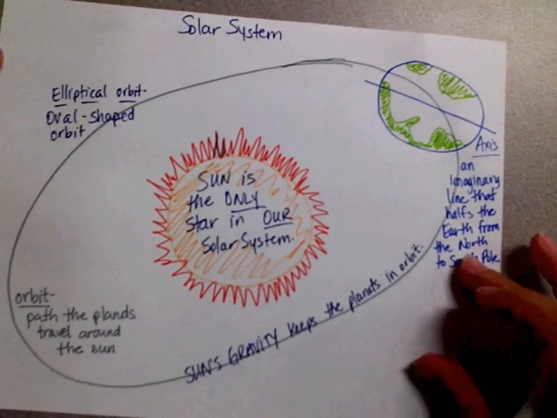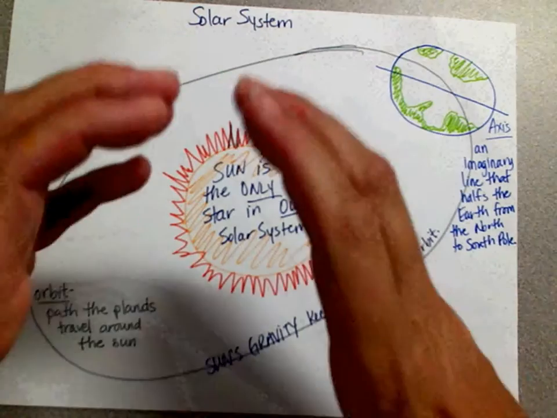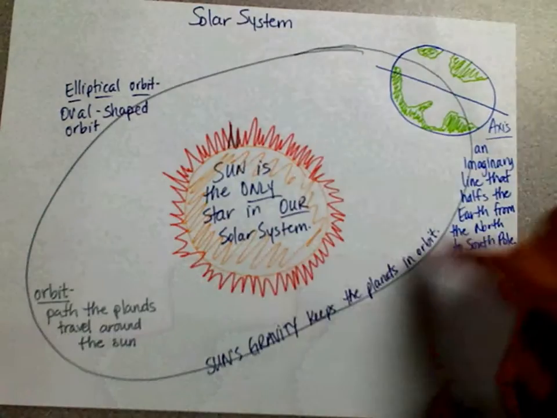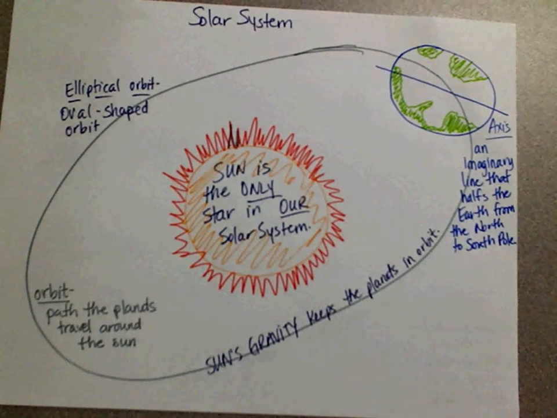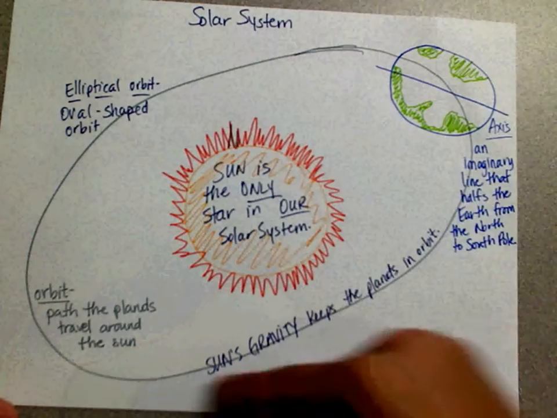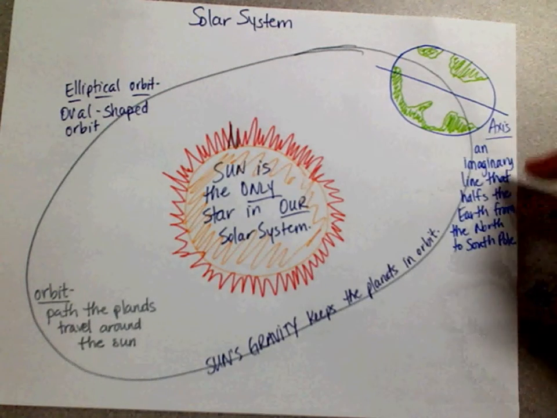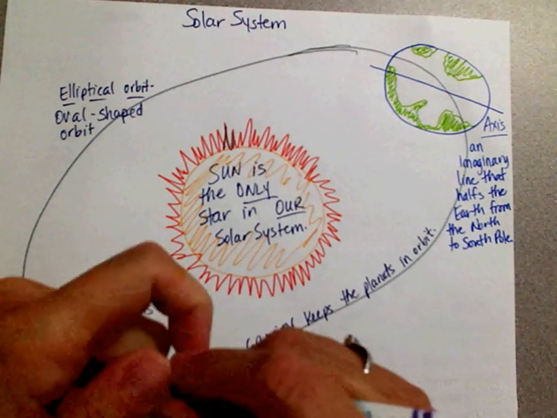So this is really talking about the solar system. So, the reason our planets stay in line is because of that sun's gravity, right? And then they travel in an orbit. Everybody agree? Our orbit happens to be an elliptical orbit, okay? And as those planets travel around the sun, they also rotate on an imaginary line, which is called the axis. Good job. Now, make sure these get on your paper.